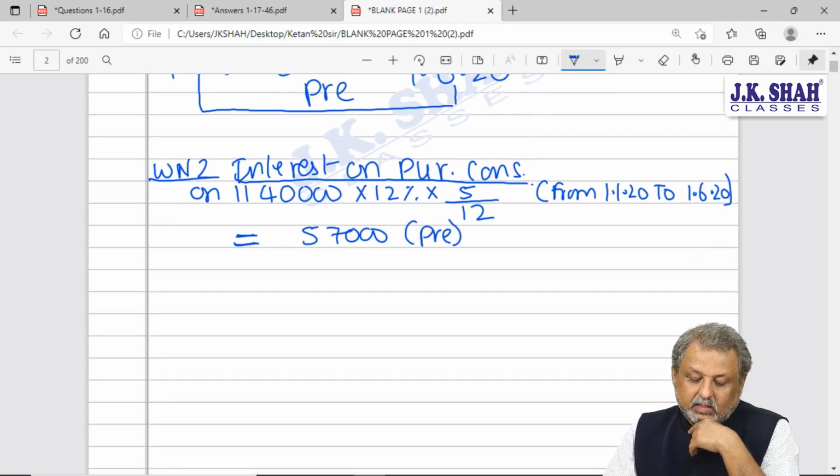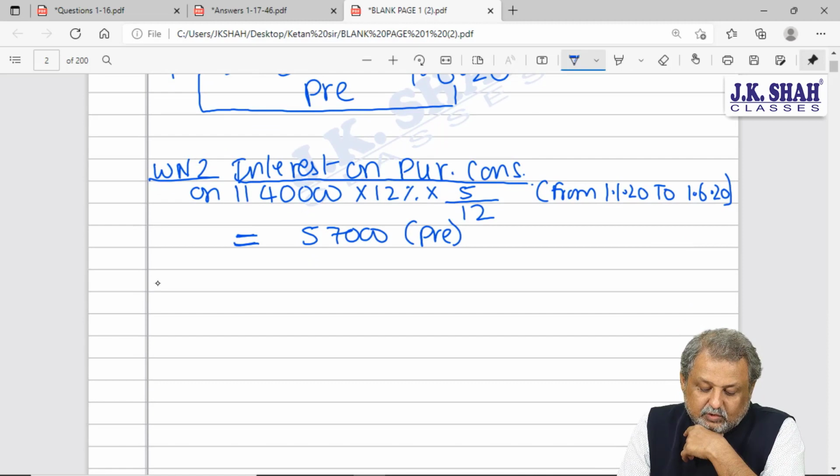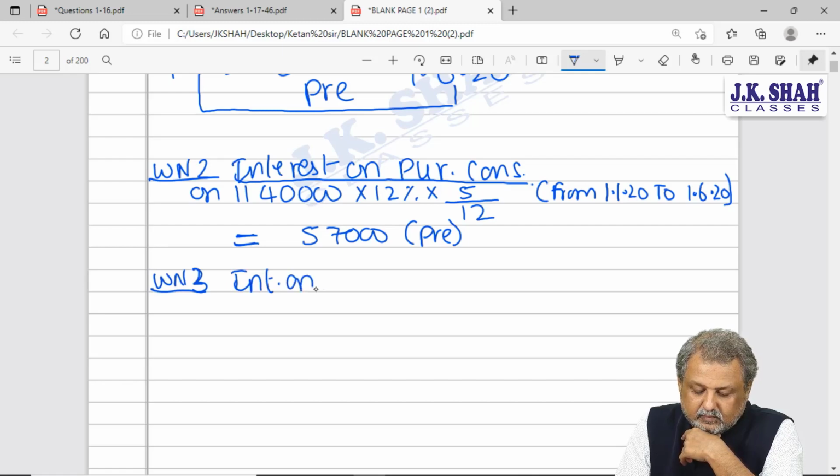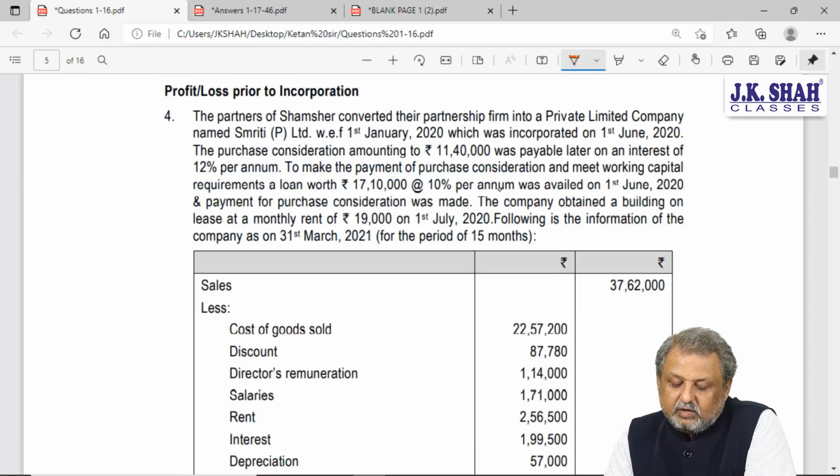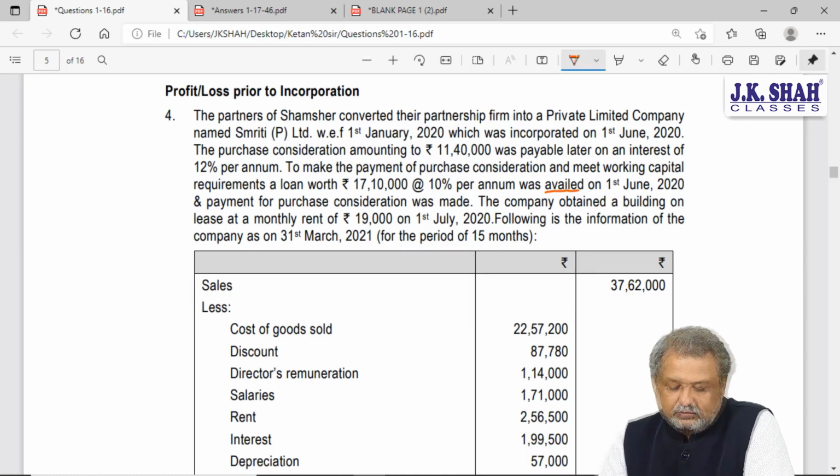But at the same time, you can also make a working note 3 for interest on loan. See, to make the payment of purchase consideration and meet the working capital requirement, a loan worth 17,10,000 at the rate of 10% per annum was availed. Availed means it was taken on 1st June.